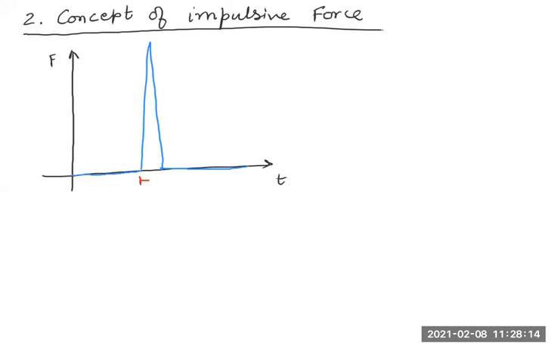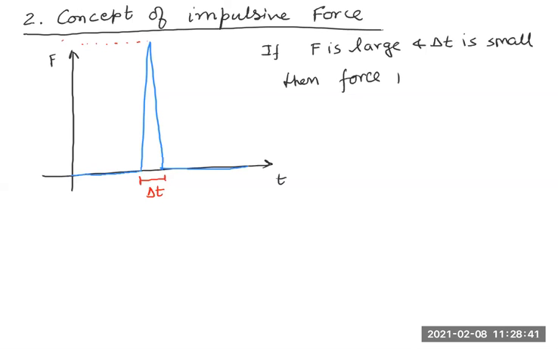So this is the time interval for which the force exists, and this is the magnitude of the maximum force that exists. So if F is large and delta T is small, then force is called impulsive force.